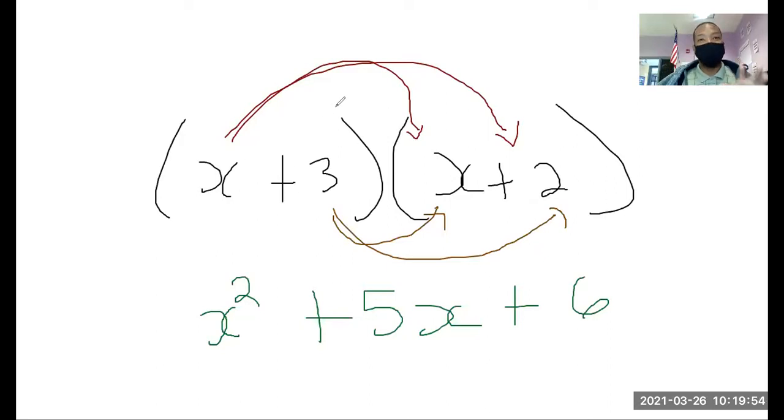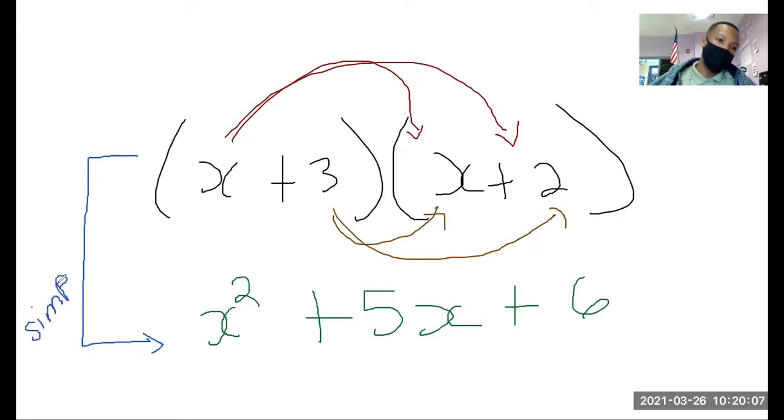So with this type of stuff, what we did just now was simplify. I'm going to try to write this the best I can. S-I-M-P-L-I-F-Y, simplify.